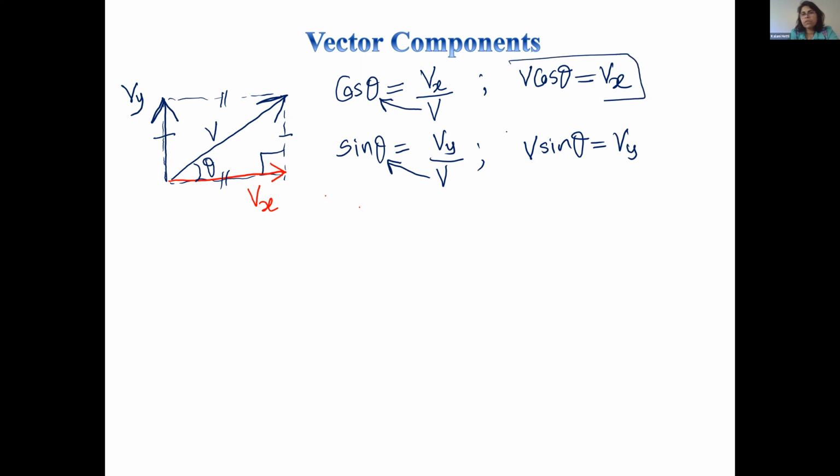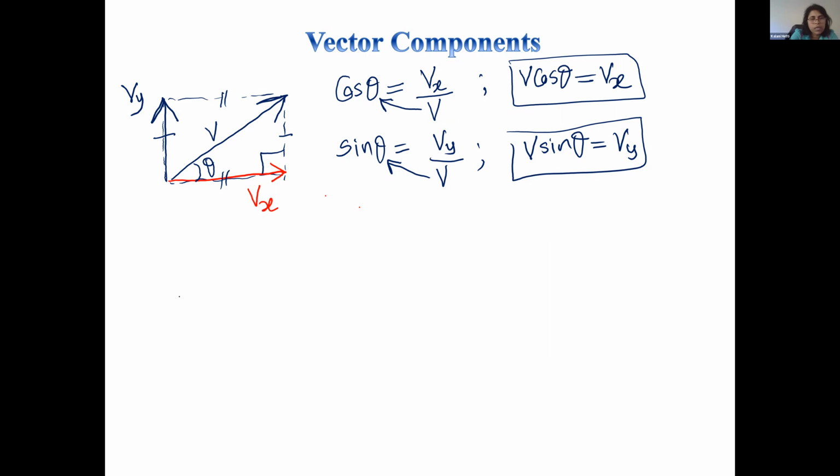So now for the x component and y component, it is not always cosine of theta. If Vx is adjacent, then it will be the hypotenuse times the cosine of theta. If Vx is opposite, then it will be V times sine of theta, right? So that's simple.